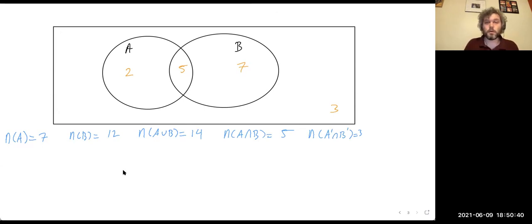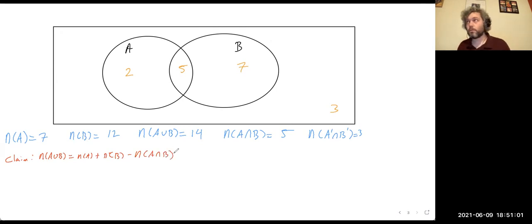We should be good. Let's check and see if that union rule is true. So the claim is that for even these sets, the number in the union is equivalent to adding them together but subtracting their intersection. That is the claim of the union rule, that it's true for all sets. Let's see if it's true.